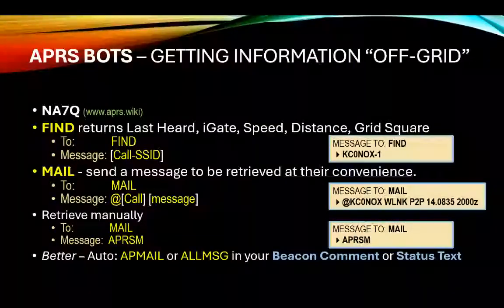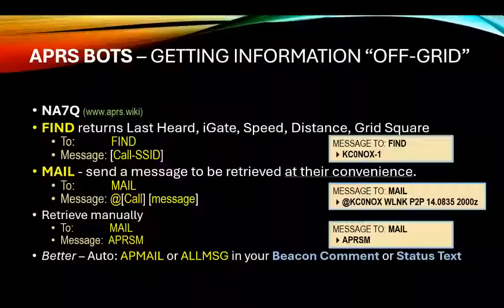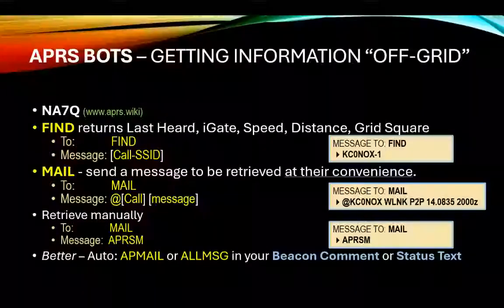NA7Q also has a couple of bots. So sometimes you may be in a situation where your cell phone data is not strong enough, with a good enough signal, but you might be able to reach a digipeater, and the digipeater will reach an iGate, and you can get network access.